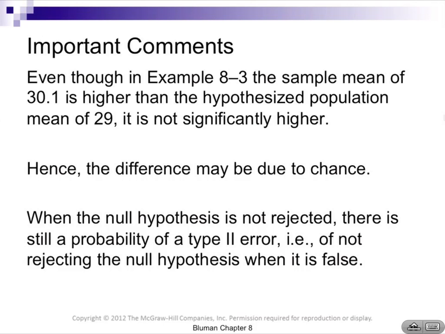And that's really what statistics is all about, analyzing data and figuring out what it's telling you. So, one thing to note here, the sample mean, 30.1, is higher than the hypothesized population mean, but it's not significantly higher. It's not enough higher to be due to the test.